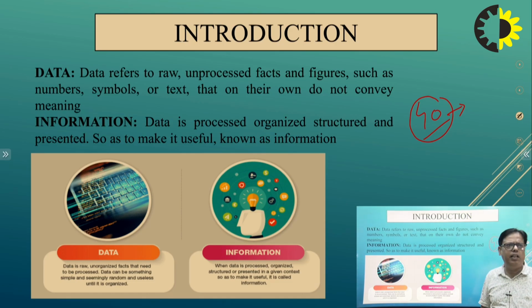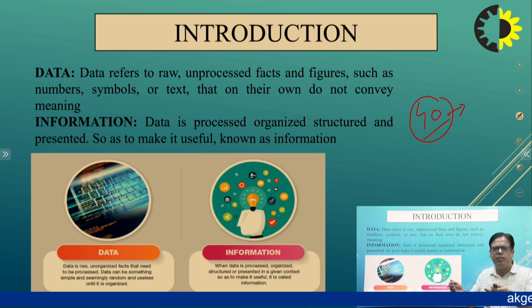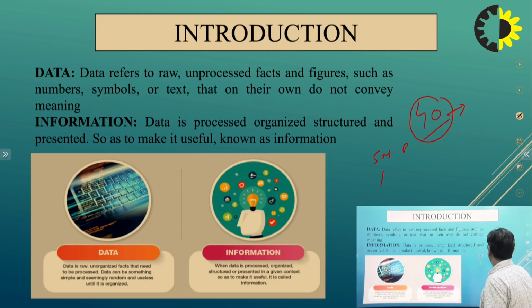Now second is information. Processed data is called information. It means data is processed, organized, structured and presented so as to make it useful, known as information. We can take this example again. This is 40. We can process these numbers like serial number 1, roll number 40, name XYZ, and here branch is CSE.